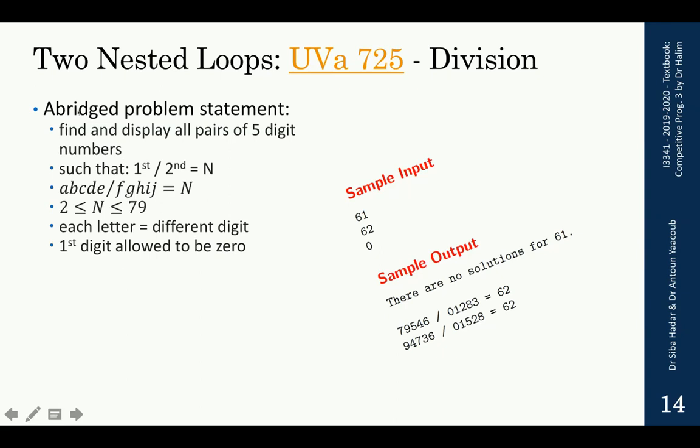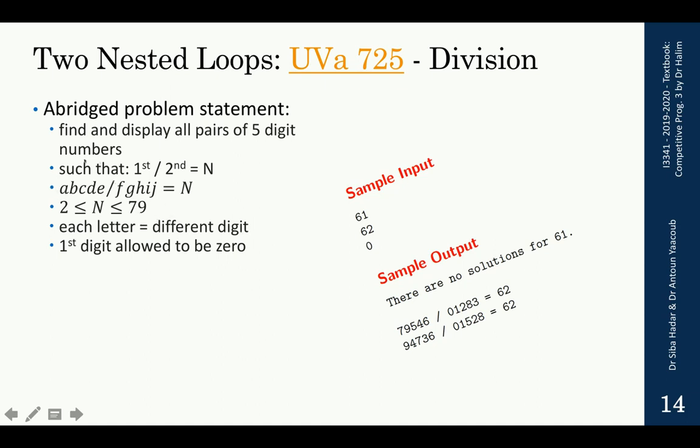We are asked to find and display all the pairs of 5 digits each, such that the first divided by the second is equal to a given number n, where n is between 2 and 79, and each letter is a different digit.